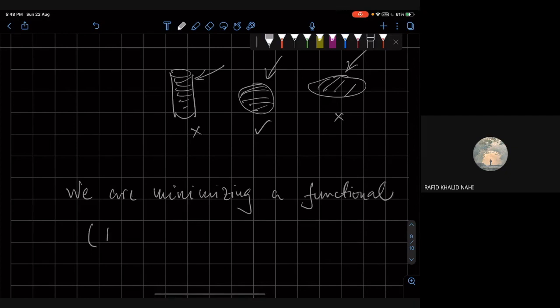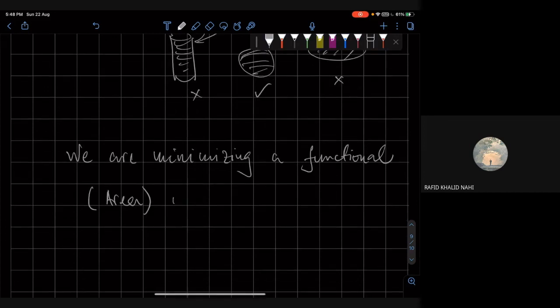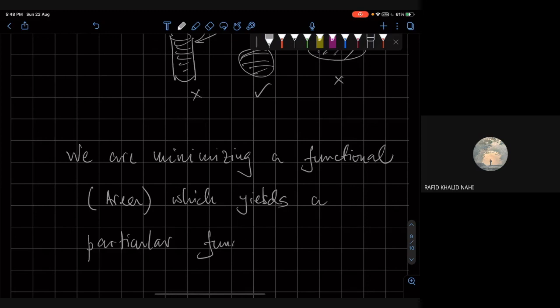In this case, the functional is the area of a surface, which yields a particular function out of an infinite number of functions, which is the sphere.